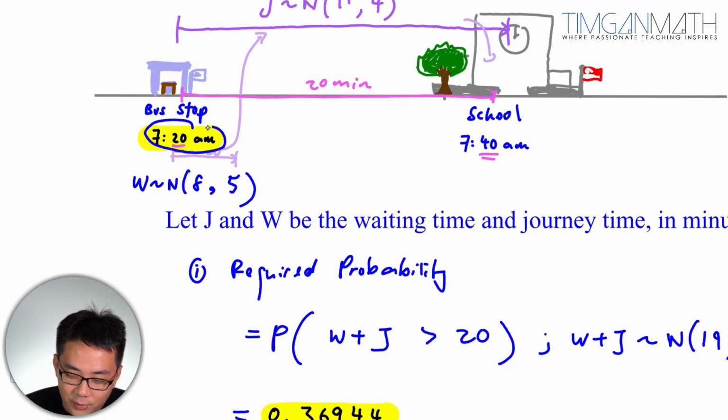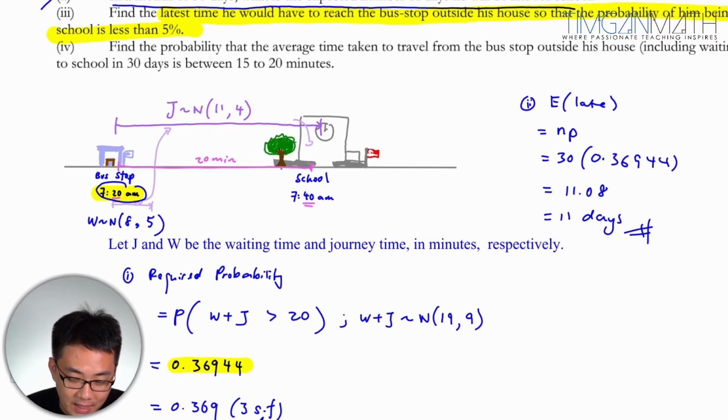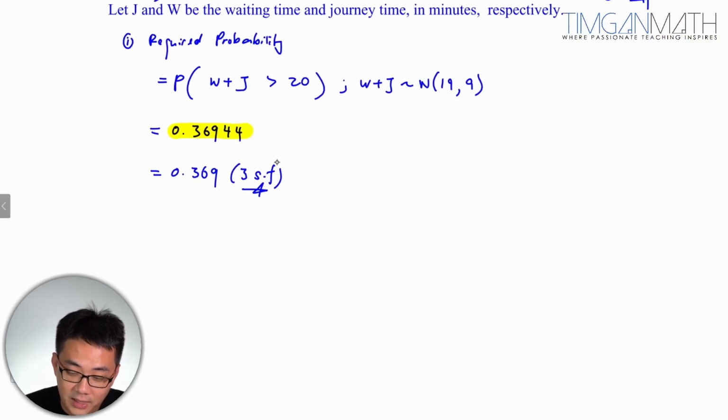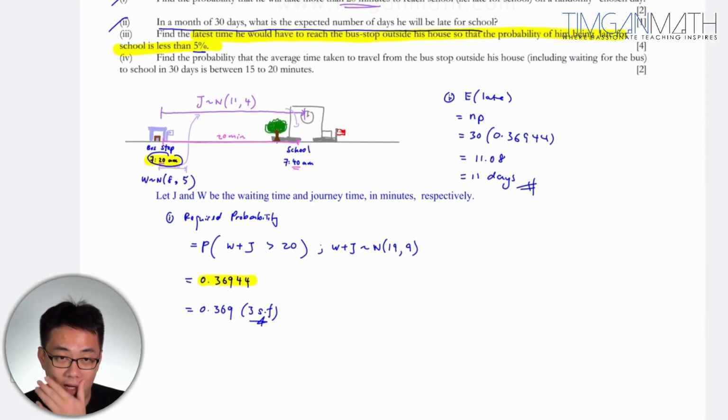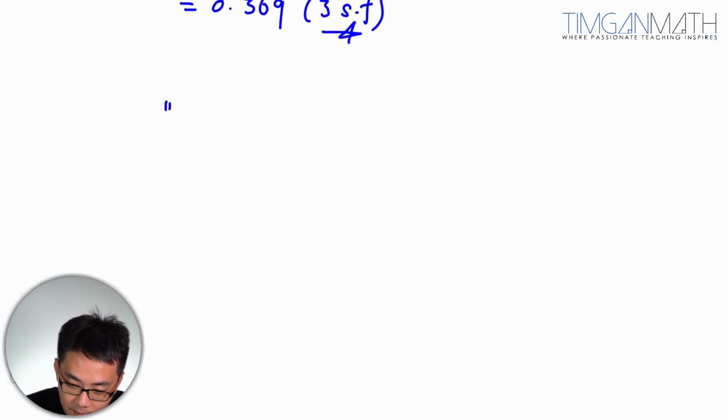Now, this is the problem. Because you reach the bus stop at 7:20. The question now is, what time should you arrive at the bus stop so that the chance of being late can go down to 5%, less than 5%. So let's try and understand part 3.